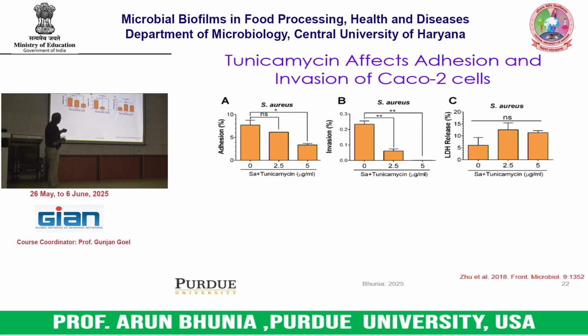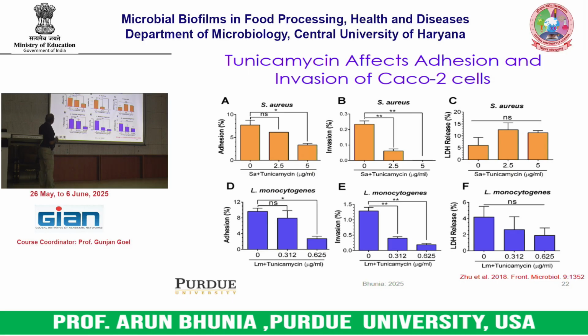Same way with Staph aureus, and they are less toxic to those cells. And without going into too much detail, we also saw the same phenomenon for Listeria monocytogenes. So the bottom line is that if the bacteria are under stress because of sublethal antibiotics, their infectious properties change, and also their biofilm characteristics.